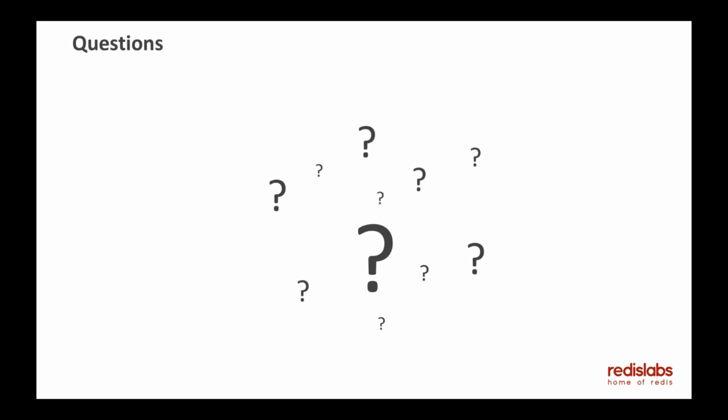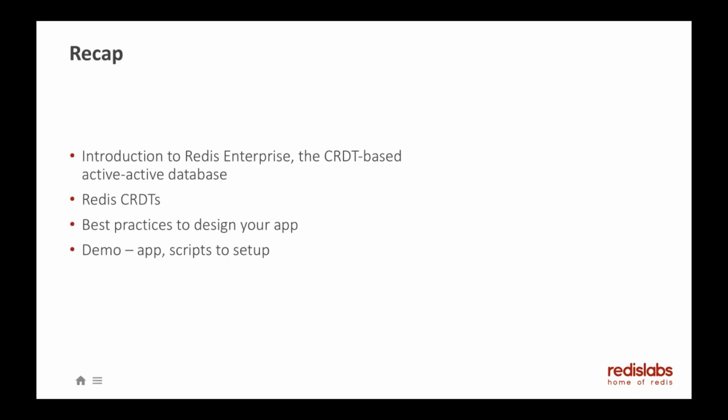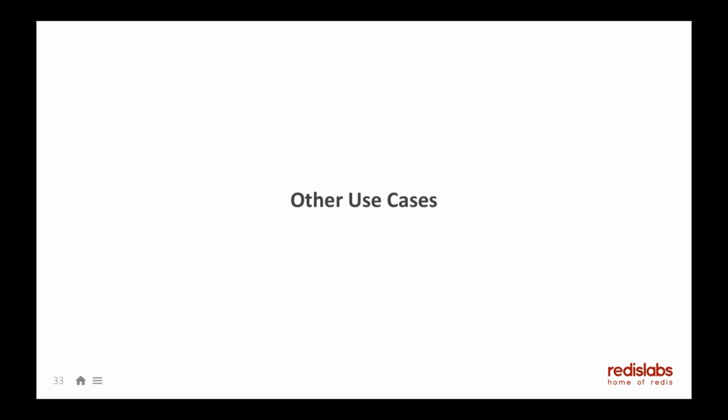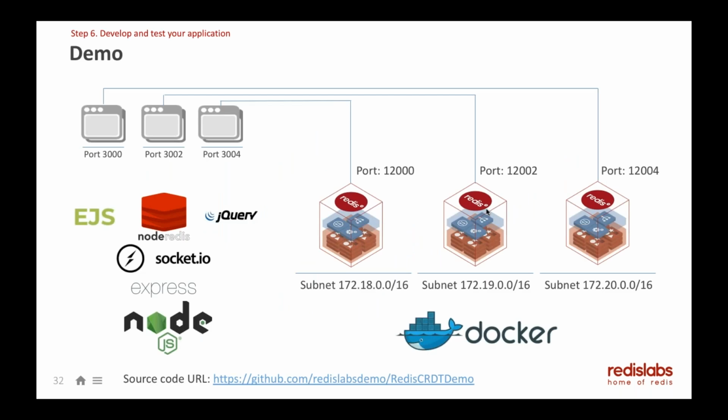Do you have separate cluster for each geolocation in your example, or just one Redis node? Now, in my example that I showed here, I have a separate cluster in each geolocation. I believe you're talking about this kind of deployment.